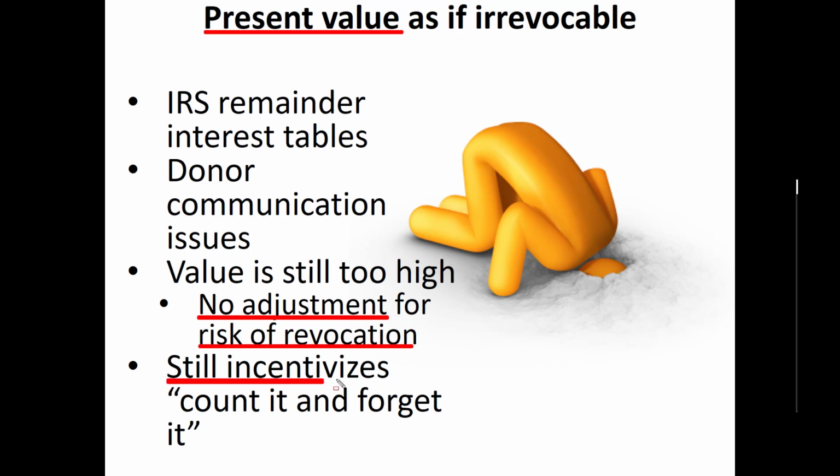It still incentivizes count it and forget it if we are only valuing these gifts when they are first reported. Okay, if I only get credit for the gift when the person first reports it, then we've not changed this problem that essentially we are encouraging fundraisers and rewarding fundraisers to engage in donor abandonment, to start as many relationships as possible, but never maintain those relationships.